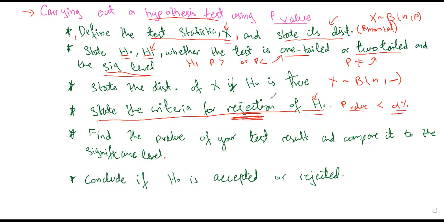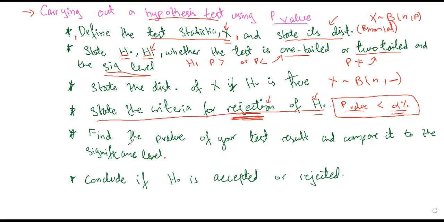So you have to state that criteria. In this part we're just discussing how to carry out every part. Once we carry out every part, you would be able to understand things 100%. So you know how your H naught would be rejected.